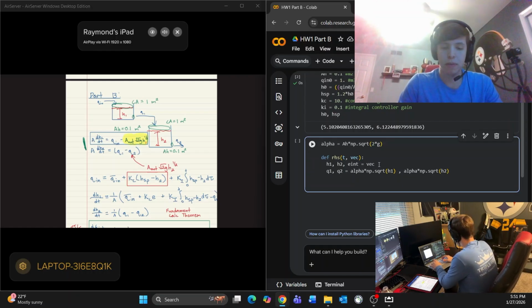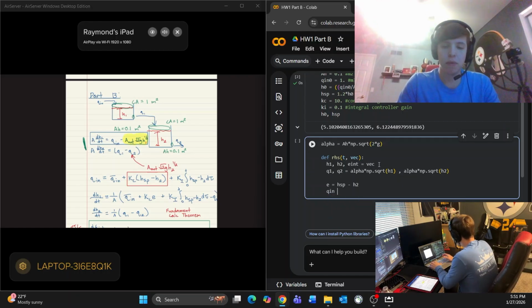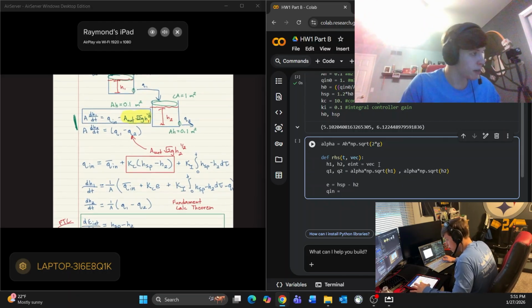So next we're able to set our error equation up, and that is going to be our HSP minus H2 for this problem. And once we have our error, then we will create our Qin equation, which we have written here.